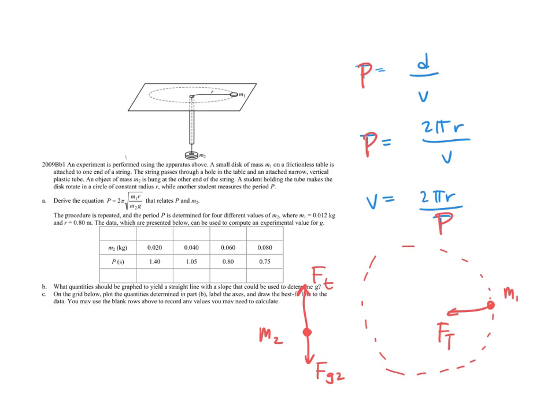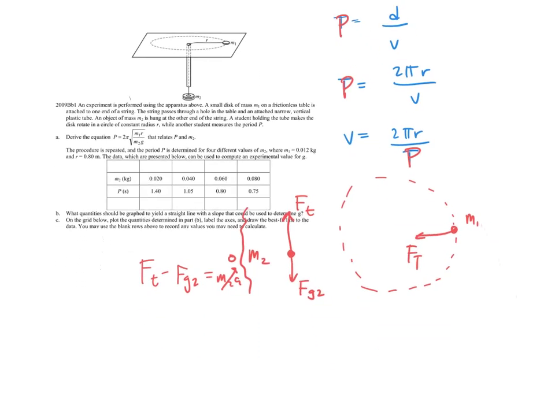So as a result, Ft minus Fg2 equaling m2a is going to go to 0. That's your equation of motion for the second mass. That helps us because now we know that the tension in the cable is equal to the weight of the second mass. I'm going to use this over here with the first mass in a moment.